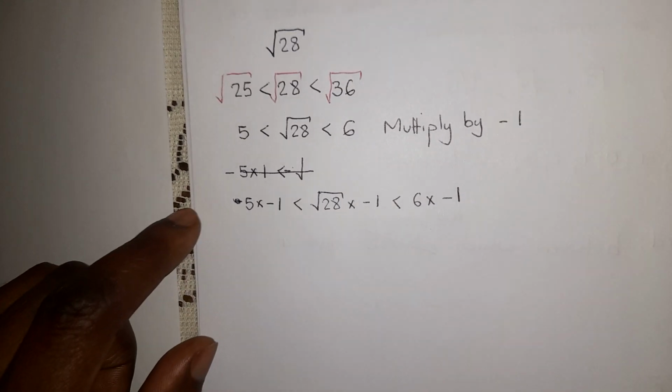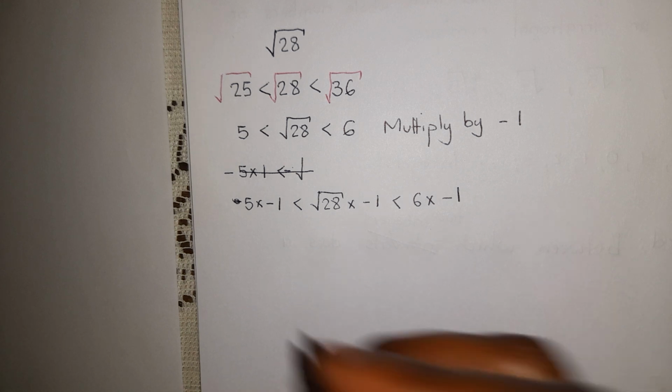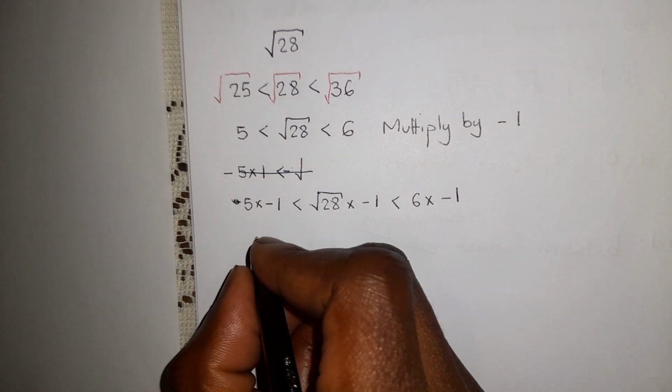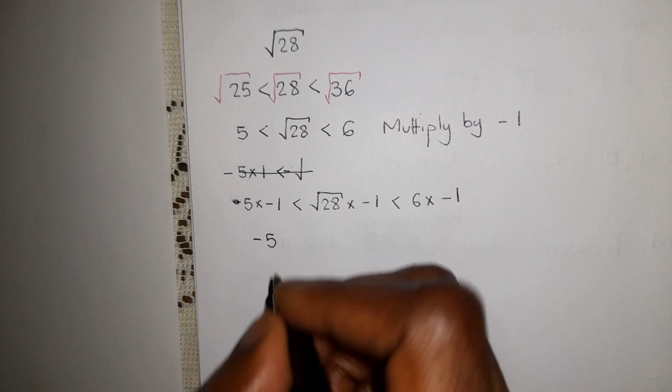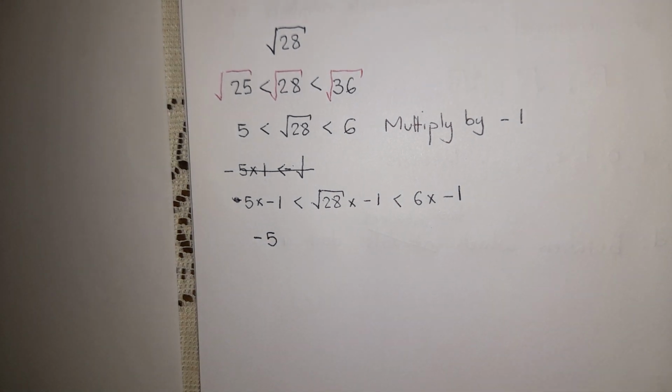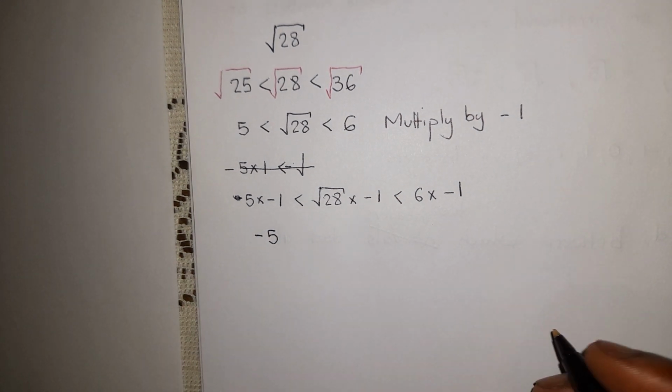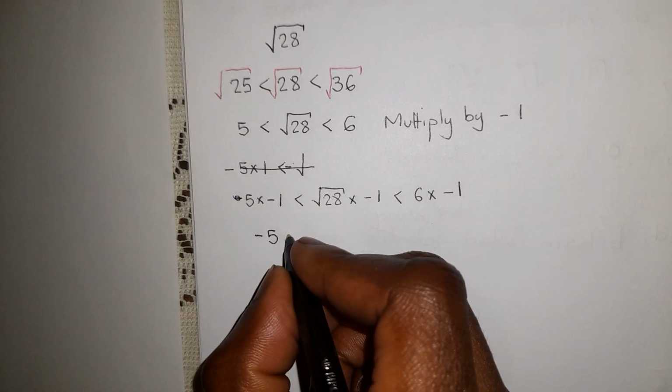Remember, it's mathematics. You do the same thing throughout. If you have your 5 times negative 1, you'll have your negative 5. Now, whenever you multiply or divide by a negative number, the inequality sign will always change its direction.